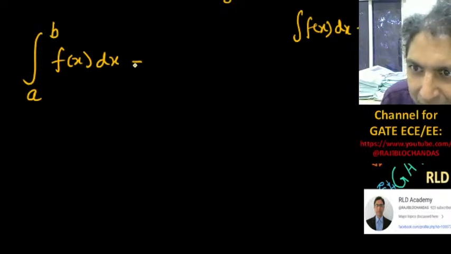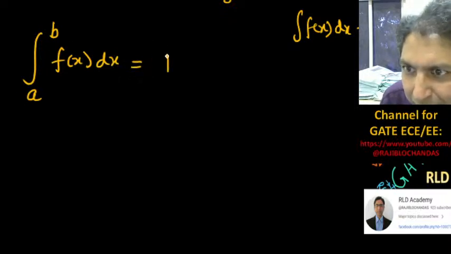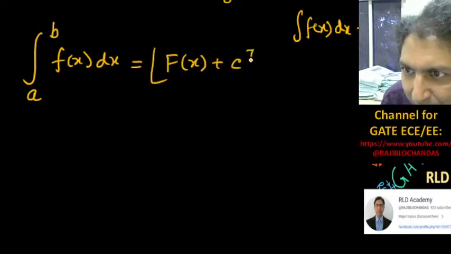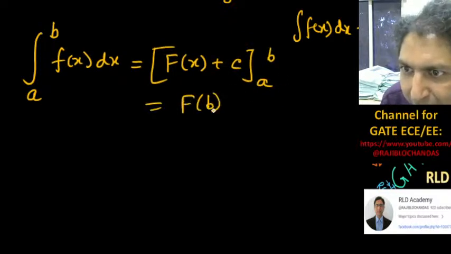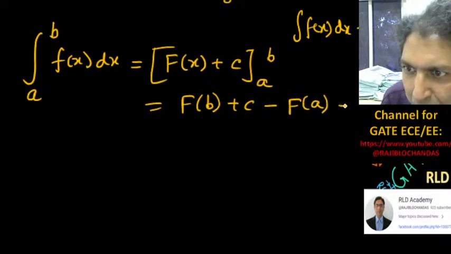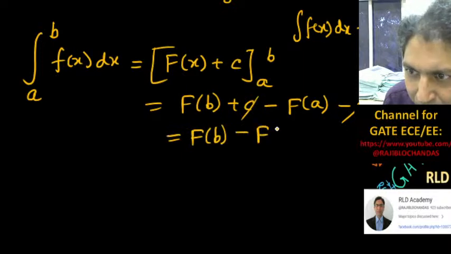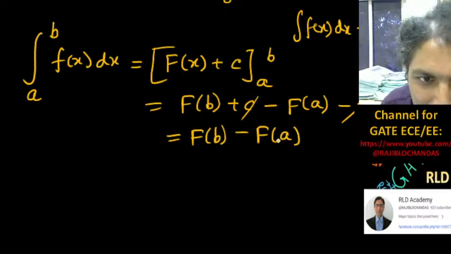In that case, if I put the lower limit and upper limit, there we will get F of b plus c minus F of a minus c. So see, this c will cancel out. So simply you will get F of b minus F of a. That you know.